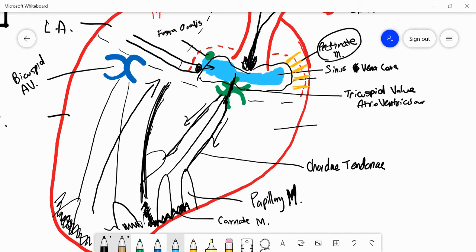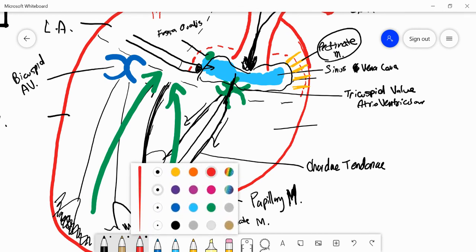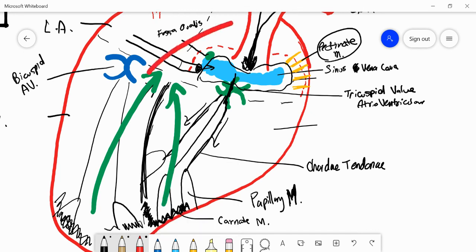And in both of these diagrams, we would have the blood, I'll draw it in green, it might be better, basically leaving the ventricle and entering their respective trunks. So from the left ventricle, we're going to enter now into the aorta.